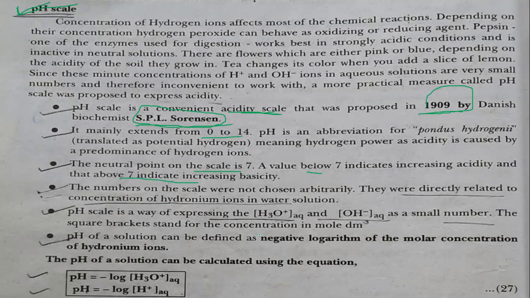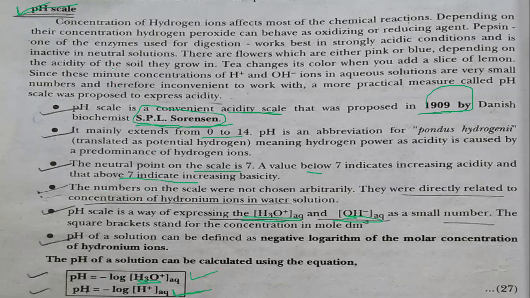Okay, the pH scale is expressed in terms of hydronium ion concentration or OH minus ion concentration, and the pH is expressed as the negative logarithm of hydronium ion concentration, or negative logarithm of hydrogen ion concentration, or concentration of H plus ion.